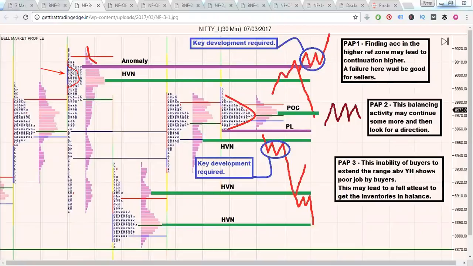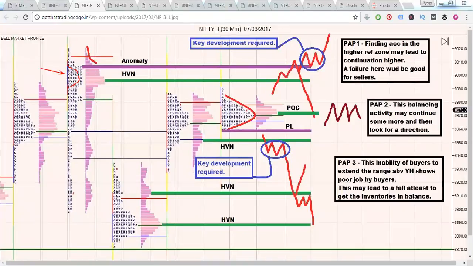Prices were just hovering above and below this open, and I put a message in Slack that we have opened outside range, so there was a possibility of a dynamic move happening once this balance was done, either accumulation or distribution.